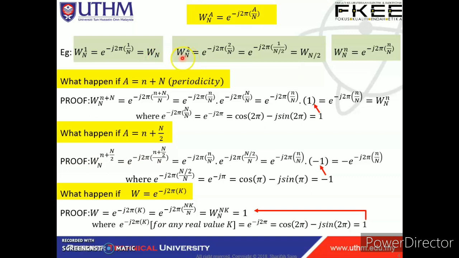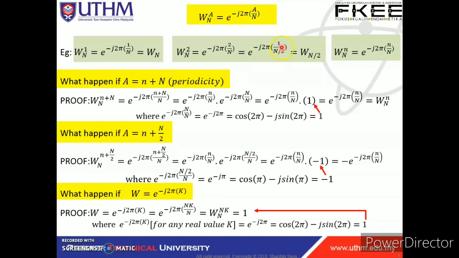Next example, we have W2 over N. This is equal to the general equation exponent negative j 2 pi, and in the bracket we have A equals 2 over the number of samples. This exponential can also be written in another form, where the number 2 is written at the denominator, so the number of samples is multiplied by 1 over 2.